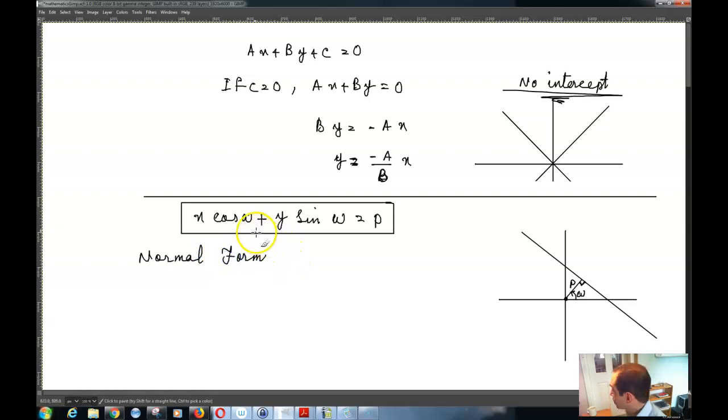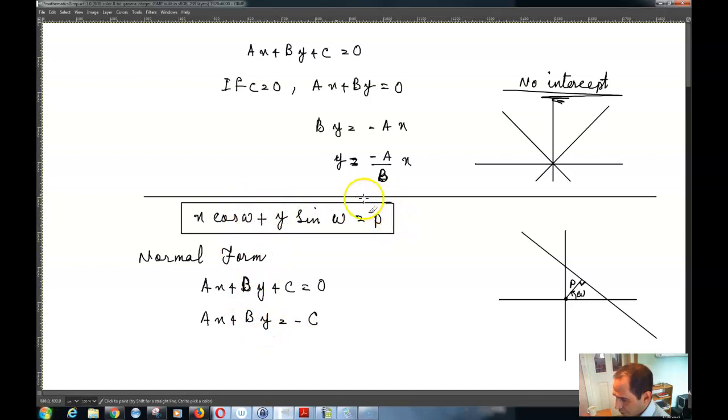And how you can actually use it is that if x cos omega plus y sine omega is equal to p is the normal form of the line represented by ax plus by plus c is equal to 0, or I can write this equation as ax plus by is equal to negative c.